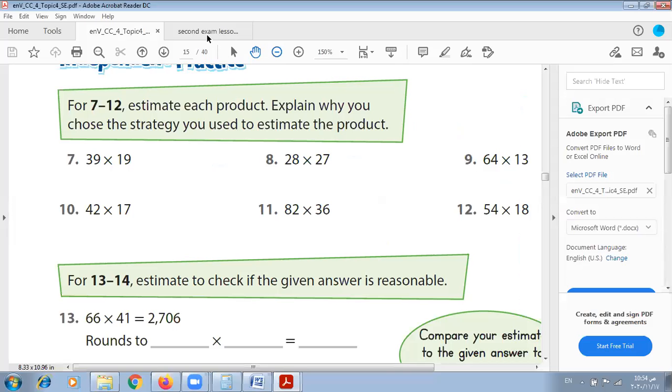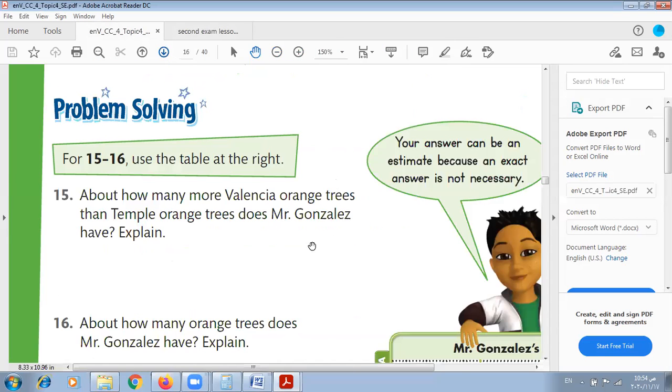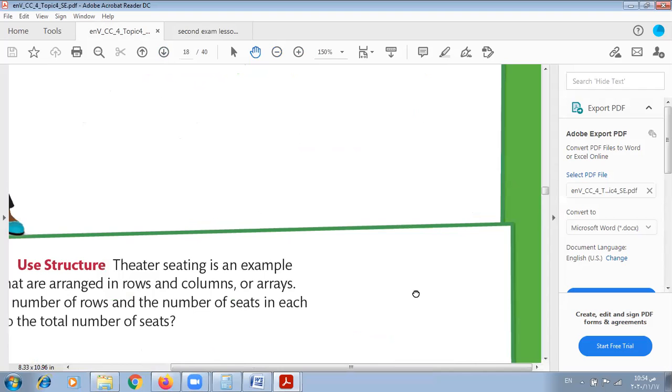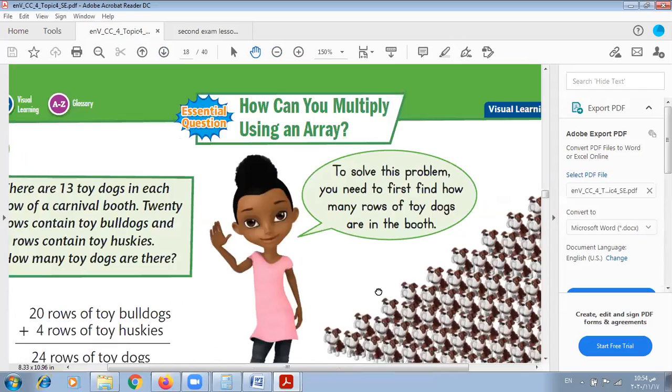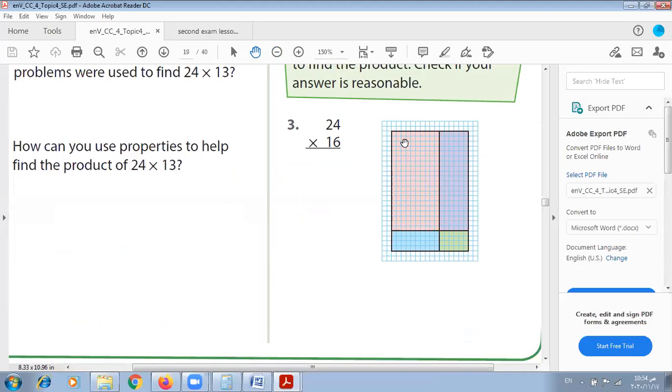Now, let's see the third lesson, which will be what? Arrays and partial product. And we won't use arrays, just partial product to multiply. Okay. Now we need to multiply what? 2 by 2 digits. I will not bring arrays on the exam, okay?